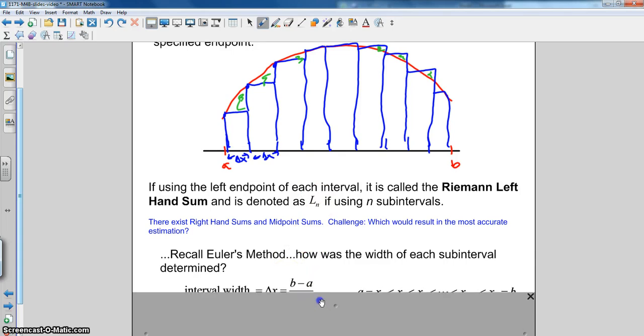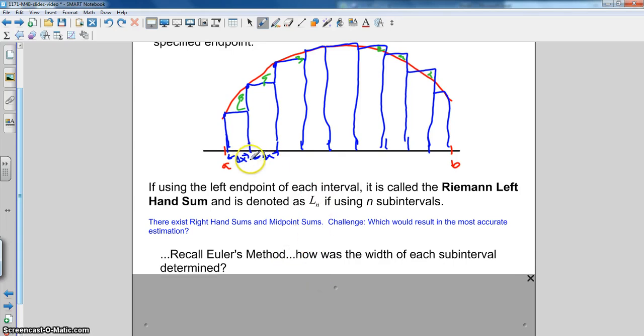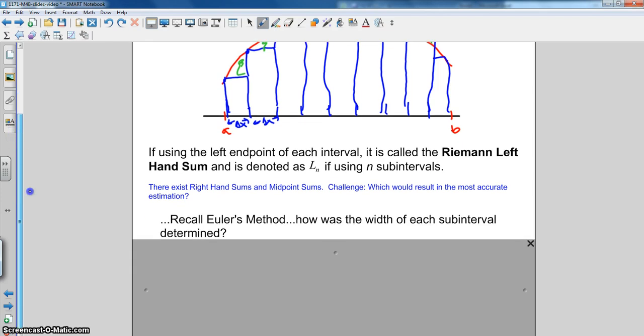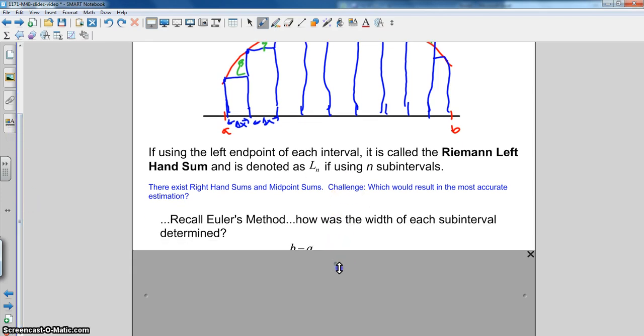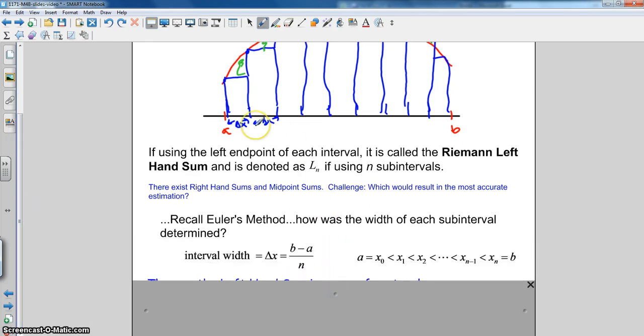But again, remember, I want to talk about how to obtain this delta x from Euler's method. Remember, we said that for the interval width, we just take the difference in the endpoints and then divide by the number of subintervals. And this is chosen by you or specified in the problem.